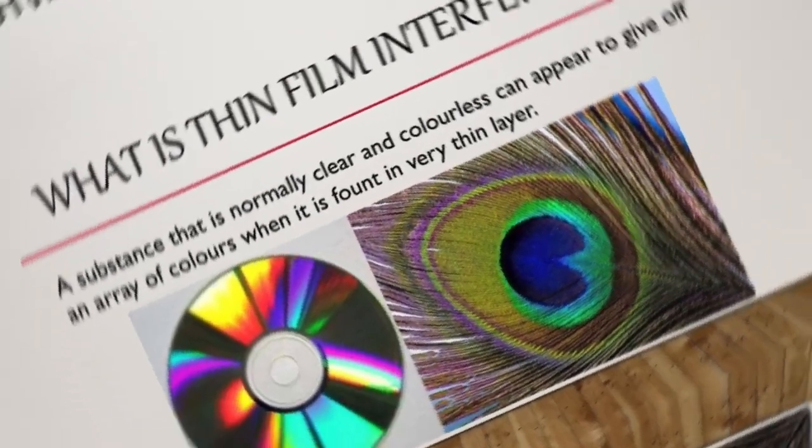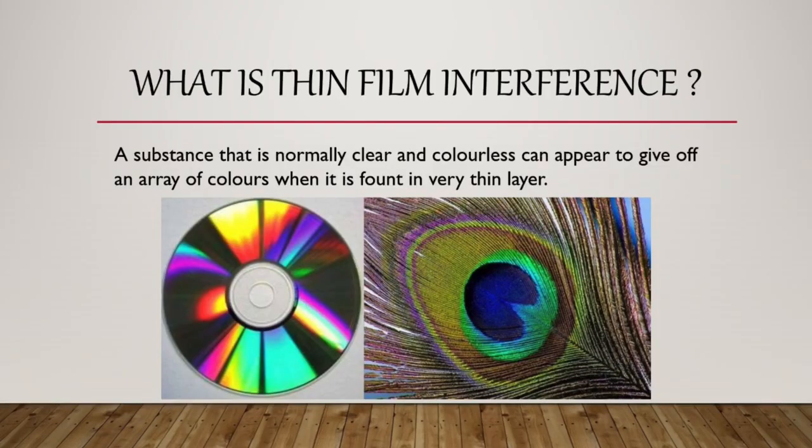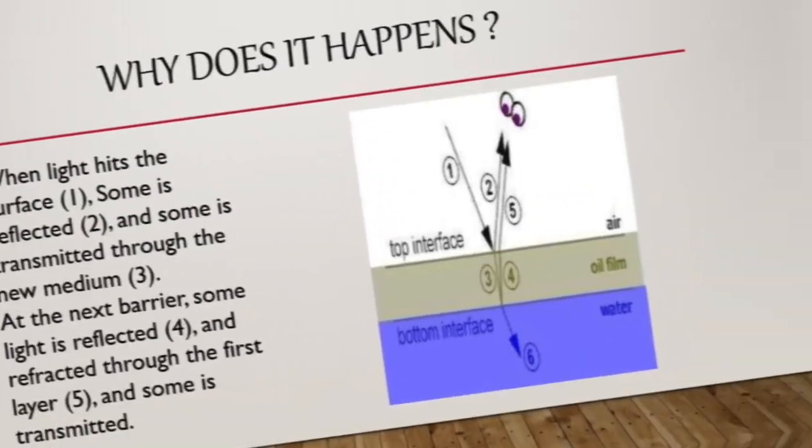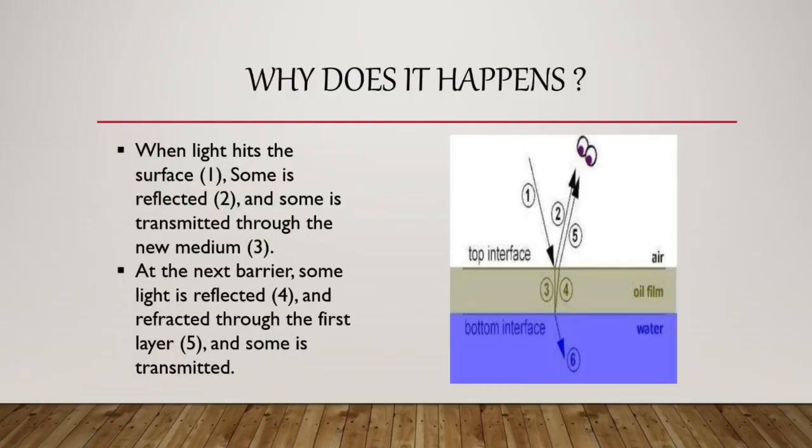Now, what is thin film interference? It is a substance that is normally clear and colorless, but can appear to give off an array of colors when it is found in a very thin layer. Now, why does it happen?